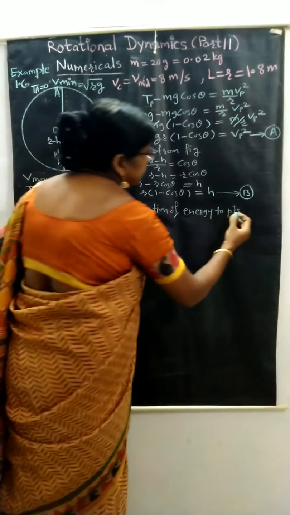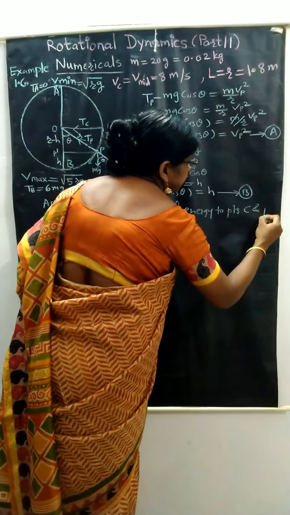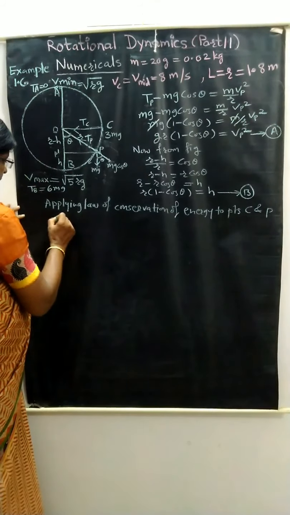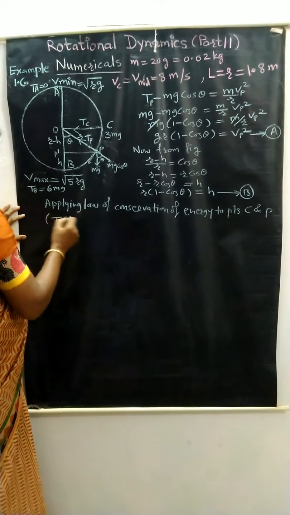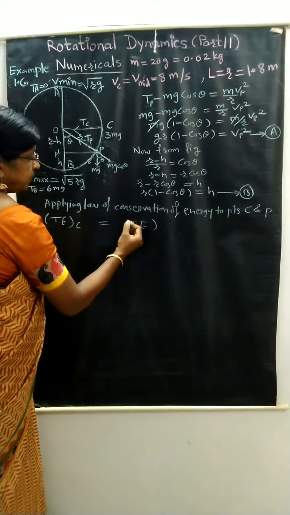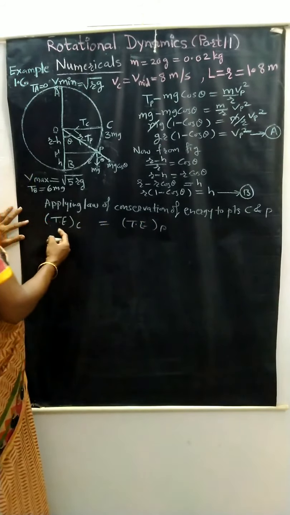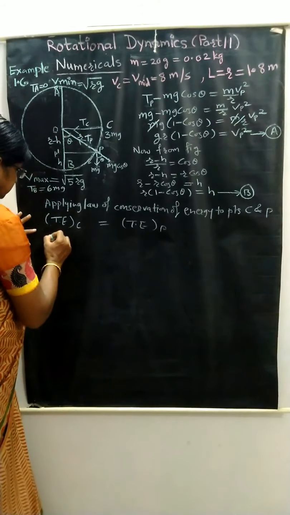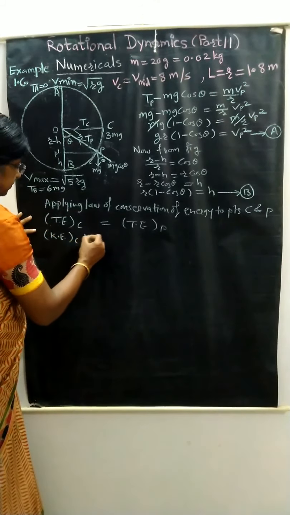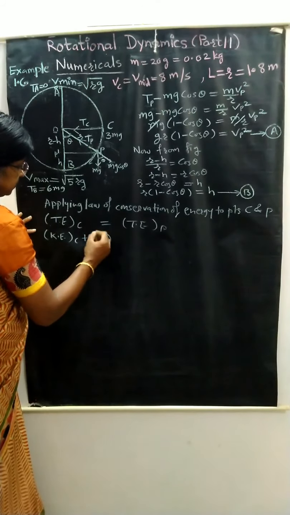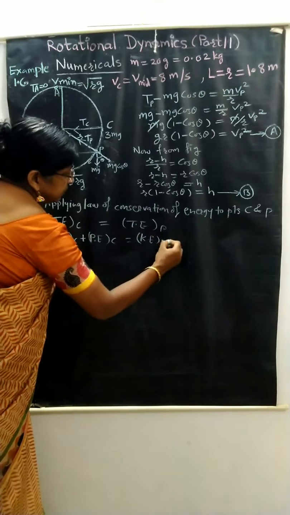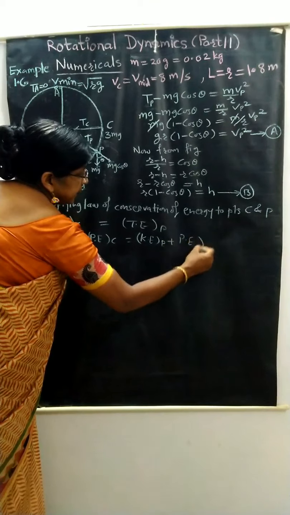Point C and point P. What we get? Total energy at point C is equal to total energy at point P. So total energy at point C is the sum of again kinetic energy at point C plus potential energy at point C is equal to kinetic energy at point P plus potential energy at point P.